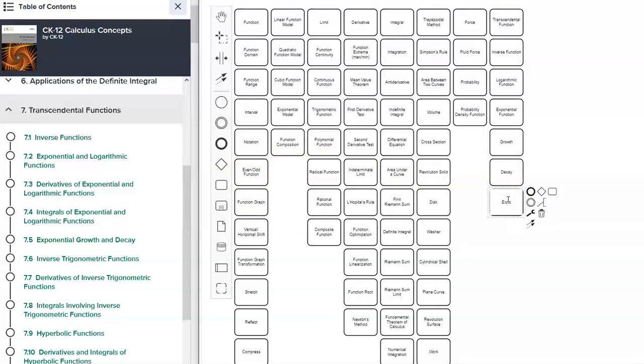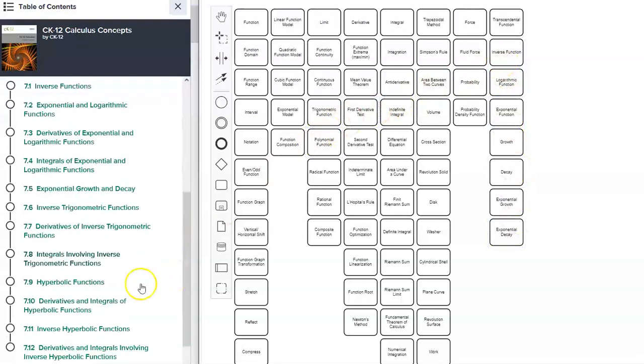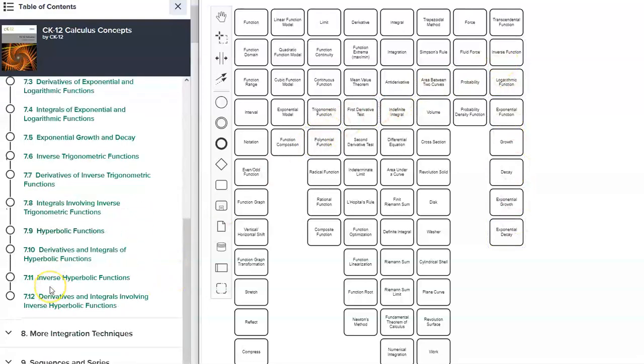In this case, it's exponential growth and exponential decay. So there's probably logarithmic decay, polynomial decay, but it may not state these in this author's list here.